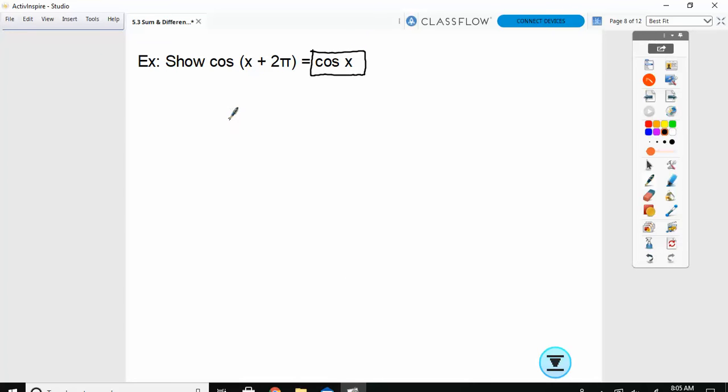So we can use that cosine of A plus B formula to expand that. So that's cosine of the first times cosine of the second minus sine of the first sine of the second, using our formula from yesterday. Is everybody okay with that?